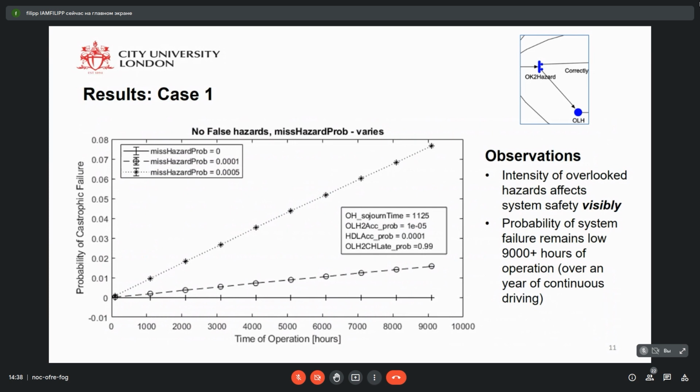But still, with probability of accident at 10 to the minus 4 or 5 times 10 to the minus 4, the safety after 9,000 hours of operation remains really modest. We're talking about 8% only.